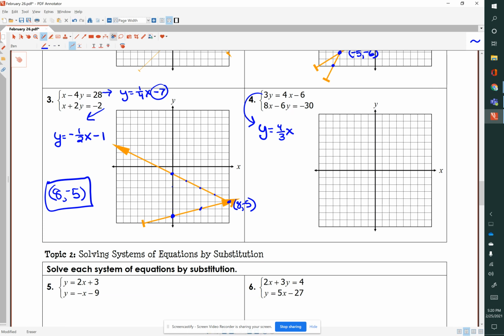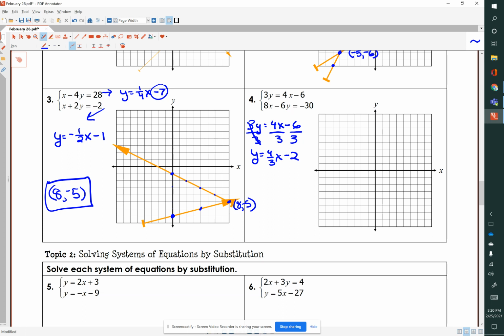I'm actually going to redo that. It doesn't seem right. So let's work on this. 3y equals 4x minus 6. Divide everything by 3. Y equals 4/3 x minus 2.